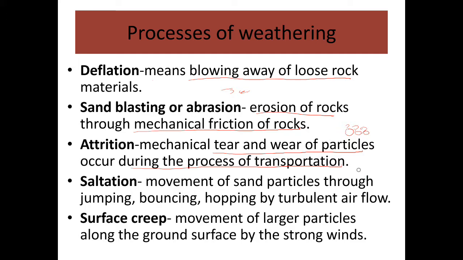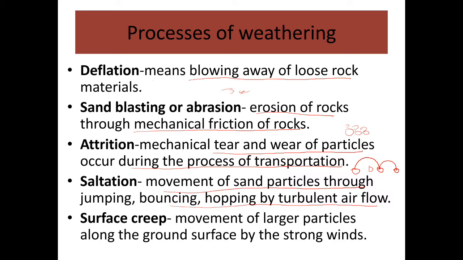Saltation: suppose material is here and it bounces like this, and again bounces like this, bouncing and jumping of the particles. That's how the saltation process occurs. It is the movement of sand particles through jumping, bouncing, and hopping by turbulent airflow.